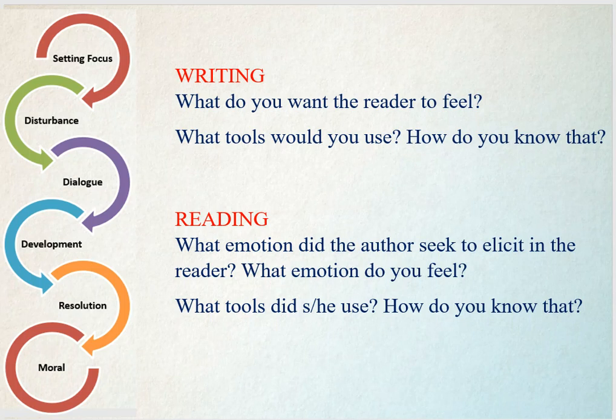And we verify our guesses by checking where else have we seen these tools being used for this effect. Simple? That's it. So now you can go and create your text or analyze some other people's text, because that's all that there is to it.